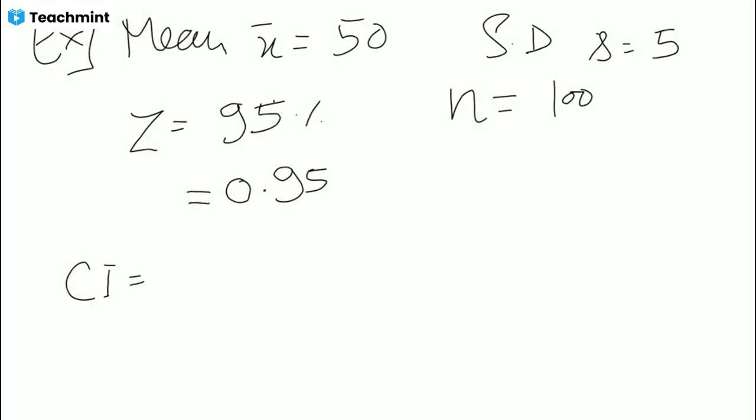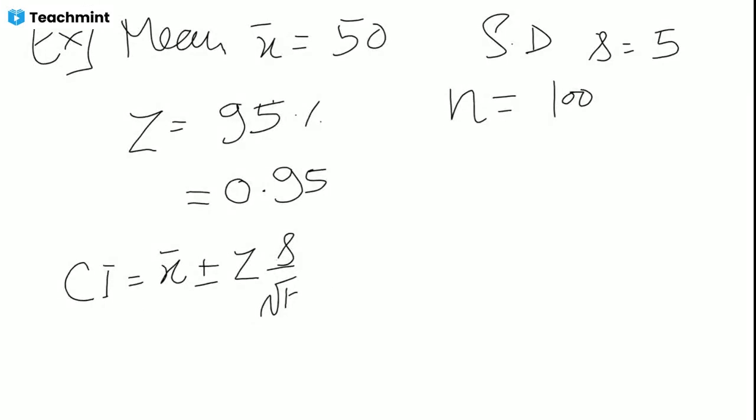CI is x bar plus minus z into s over square root of n. Okay, because we have only 50 and this, let us take a small value here, not as large.